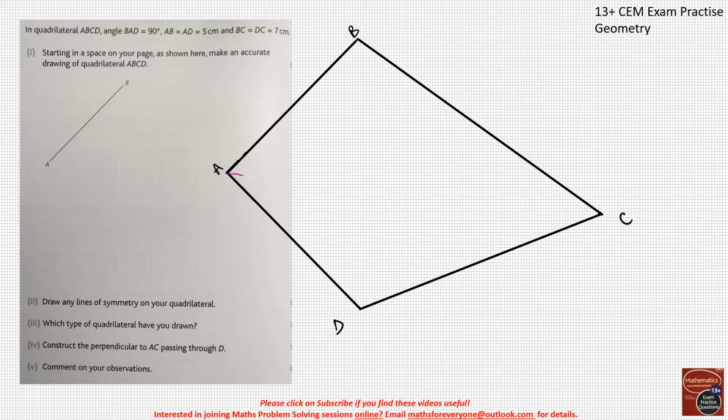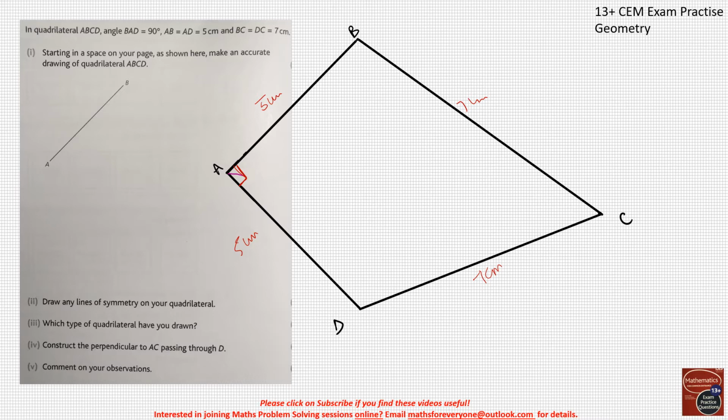So this is my quadrilateral ABCD. You can see angle BAD is 90 degrees, AB is 5 centimeters, and AD is also 5 centimeters. So AB equals AD, and BC and DC are both 7 centimeters.